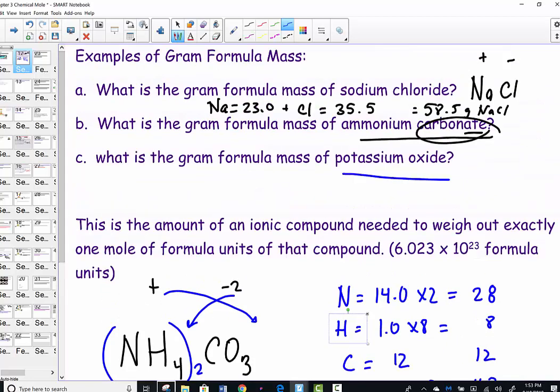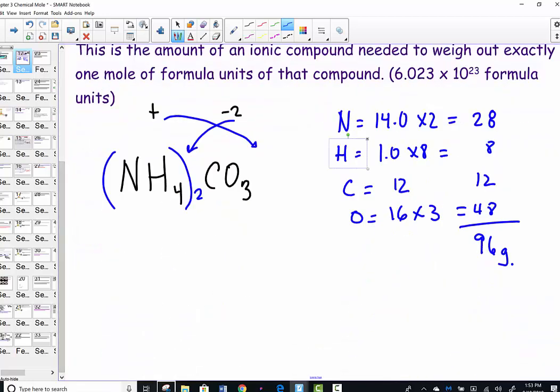And the third one I asked you to do is potassium oxide. This is a binary compound built of 2 ions. Potassium is found in the first family on your periodic table. In the box of potassium, I asked you to write its charge. Any element in that first column is always a +1 charge.